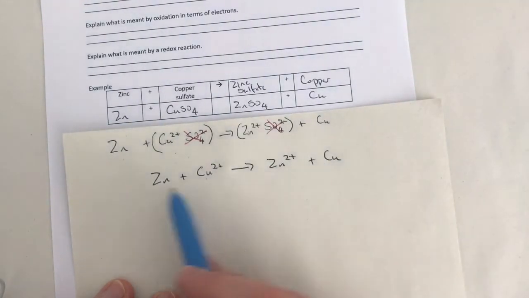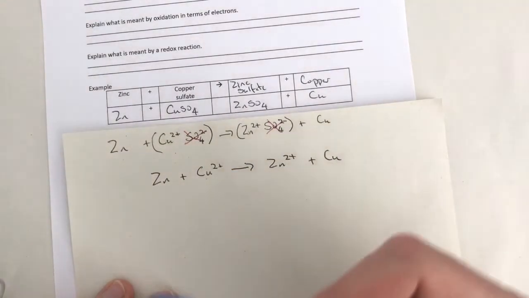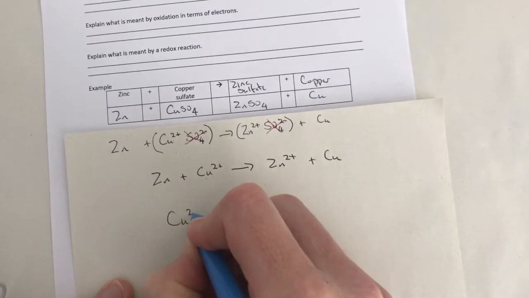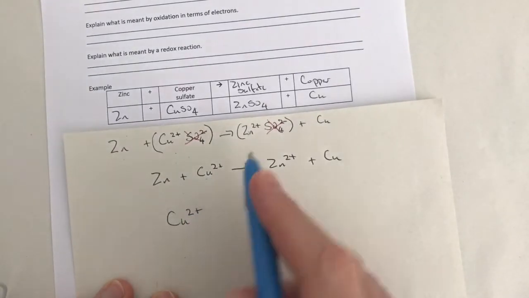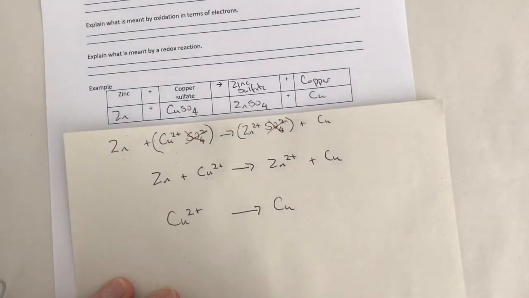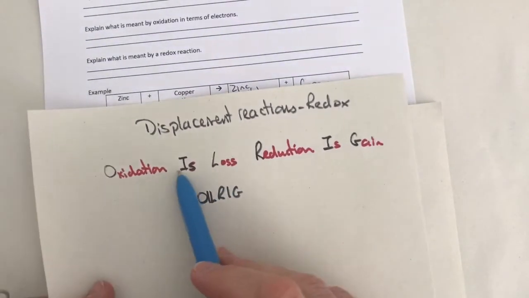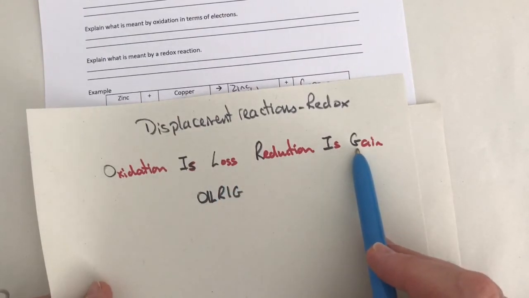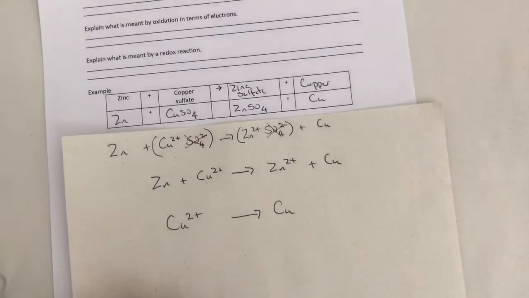From this, I'm going to split this now into two parts. I'm going to look at the zinc as one part, and look at the copper as a separate part. Let's deal with copper first. So copper starts off as Cu2+, and it becomes Cu. Let's ask ourselves, how does it do this in terms of electrons? If we go back to where we started at the beginning of our definition, that oxidation is losing electrons, reduction is gaining electrons. So how does this change?